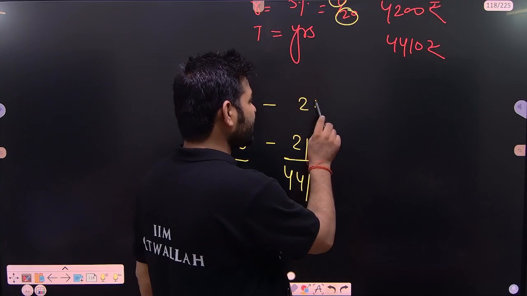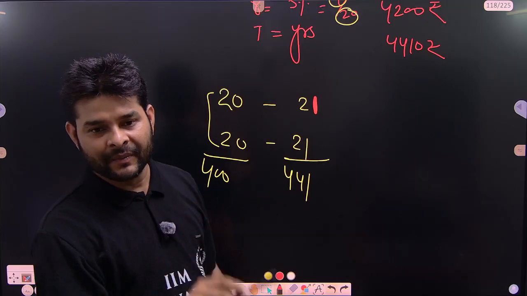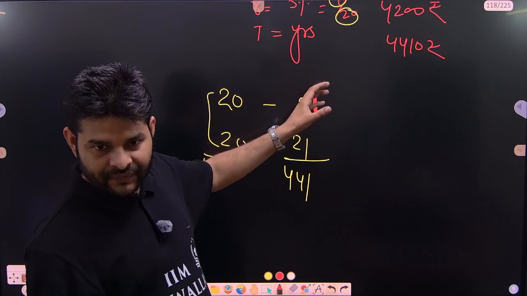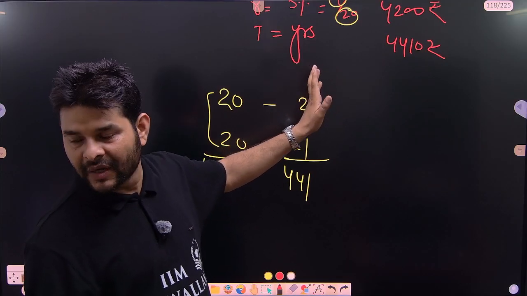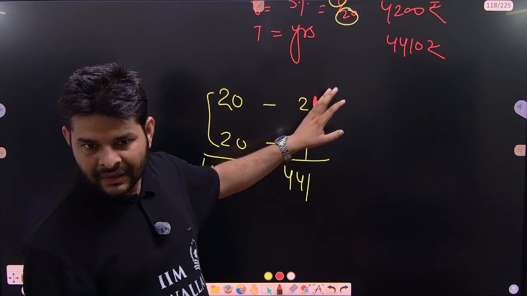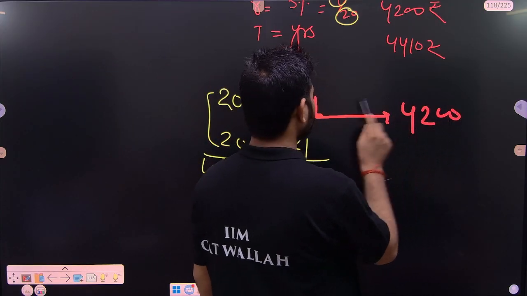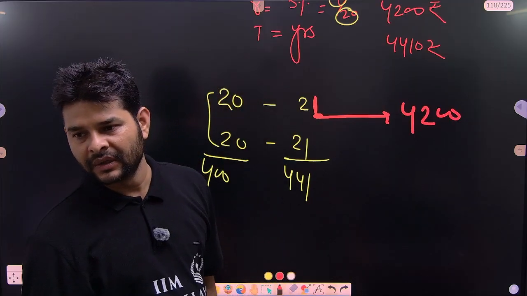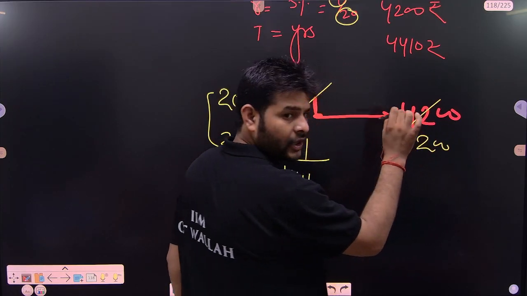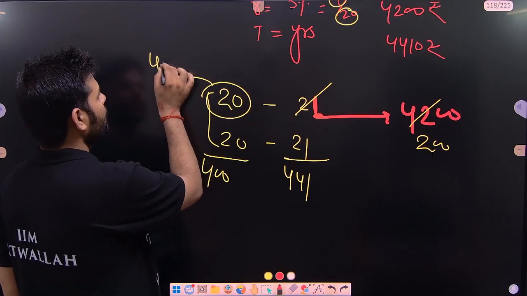So the question says the borrower gives 4,200 as a first installment, but we have first installment 21. This is the installment, principal as well as interest. So 21 units is going to represent 4,200. So 1 unit is 200 and 20 units would be 4,000.